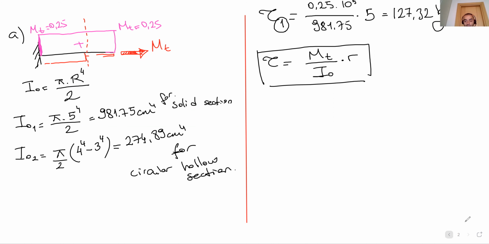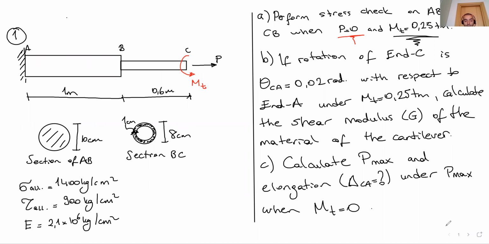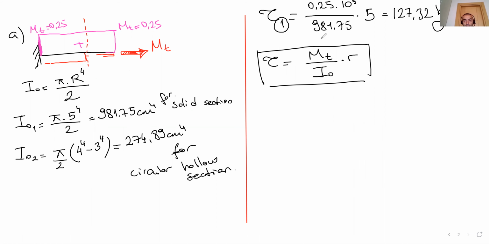The allowable stress is given in the question, tau allowable, which is 900. Take a look here. This is less than 900, and this section works for torsion. But we are just talking about portion 1. Now we are going to go ahead to tau 2, which is for this portion.